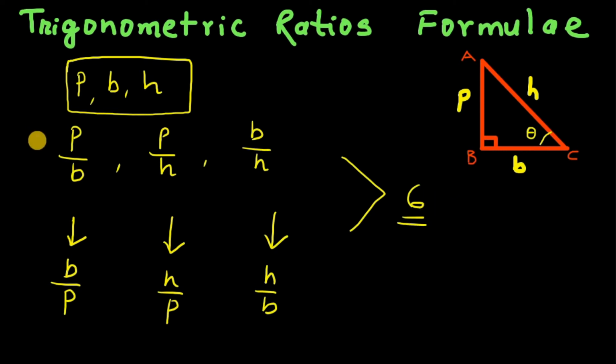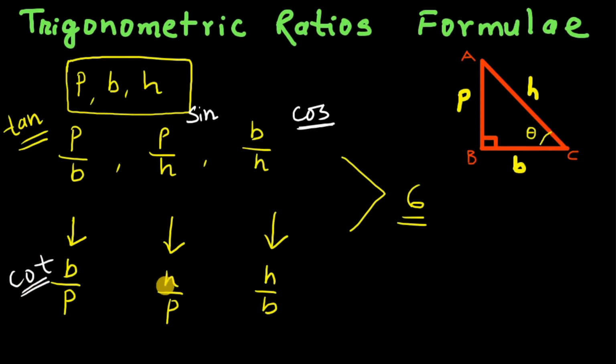And these ratios have their special names. Like P by B, we call it tangent, in short form tan. P by H, we call it sine, S-I-N-E, in short form sin. B by H, we call it cosine, in short we say cos. Since B by P is the reciprocal of tan, it's cotangent, in short form cot.